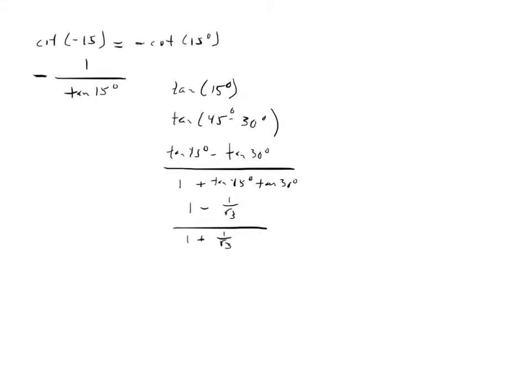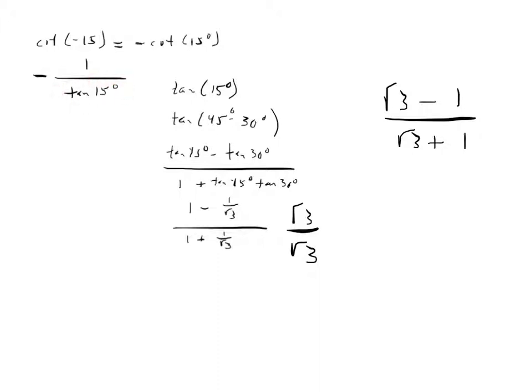I can simplify it by multiplying by root 3 over root 3. So I get root 3 minus 1 over root 3 plus 1. And I know that was my tangent of 15.